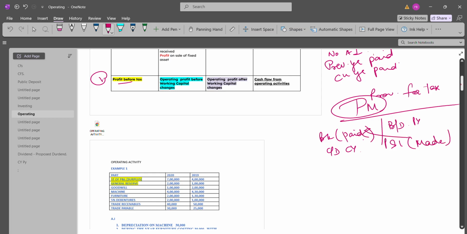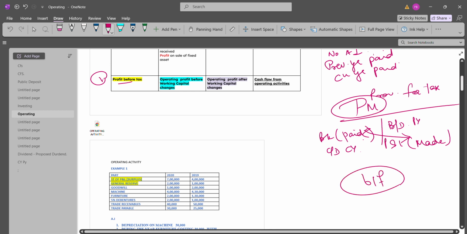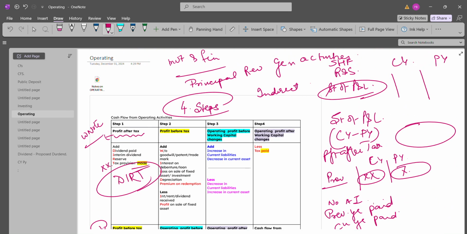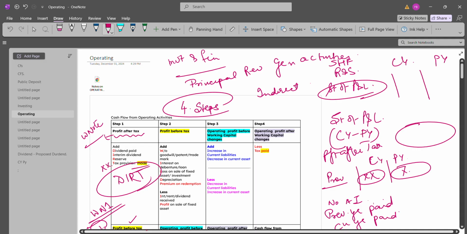One of the two could be given to us, the other will be the balancing figure. Both are used in operating activity, so you have to find out carefully. If nothing is given, previous year paid, current year made. So after adding DIRT, what we get in working note 1 is profit before tax.